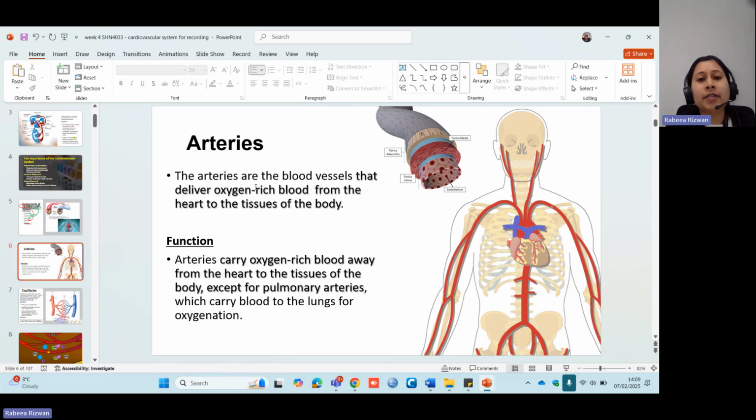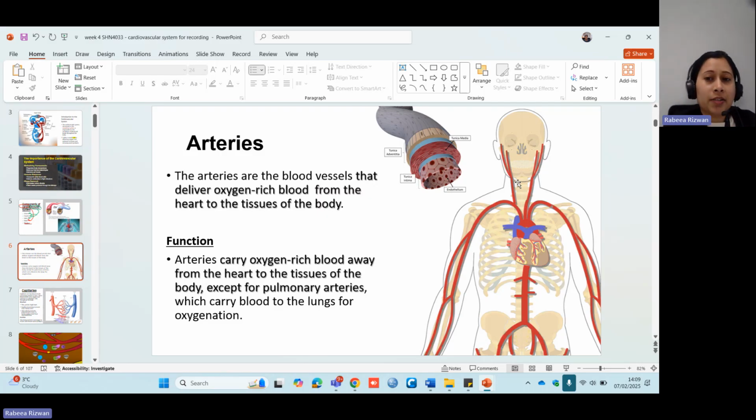Arteries are like tubes, small vessels that spread throughout our body. And they usually contain red blood. But why? Because they contain oxygen. It means they carry oxygen-rich blood. And who is responsible for it? Hemoglobin.